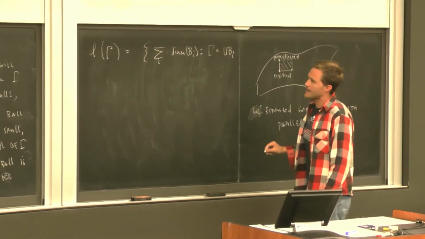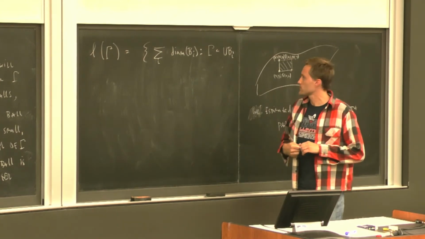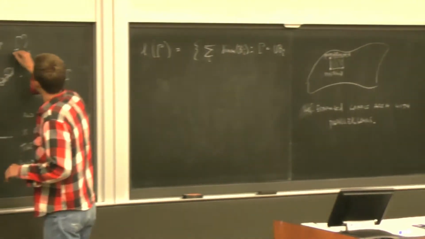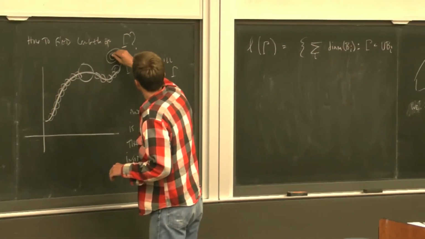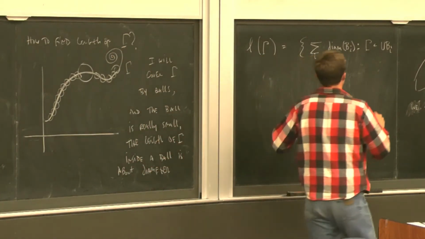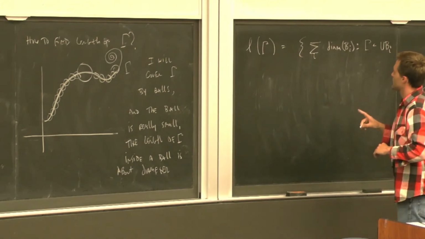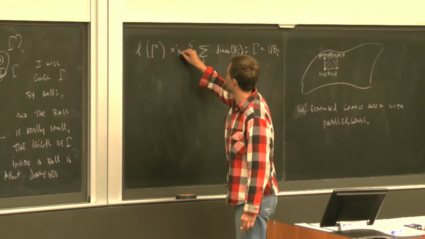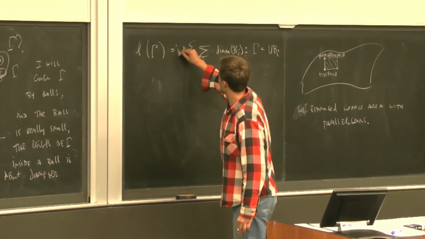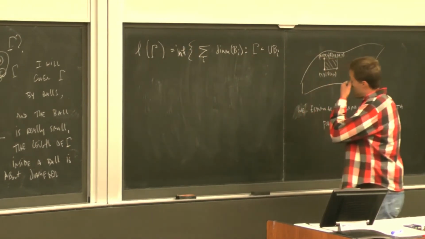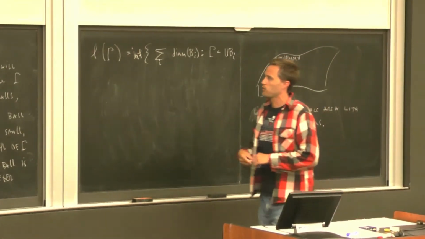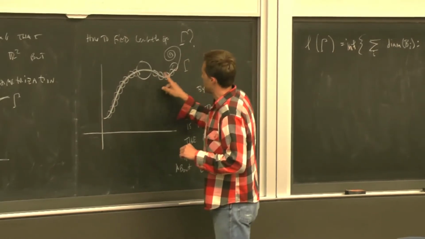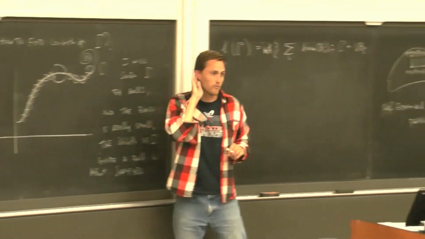Right? And now what's the problem? So there's a little bit of a problem. They overlap. So we're eventually going to take the infimum, right? But there's still a little bit of a problem in that we want to keep track of how well these balls are approximating my curve, right?